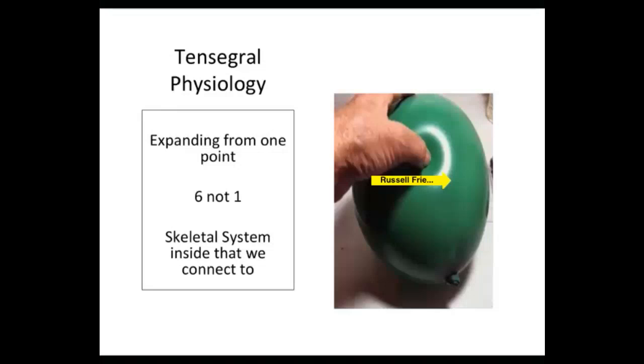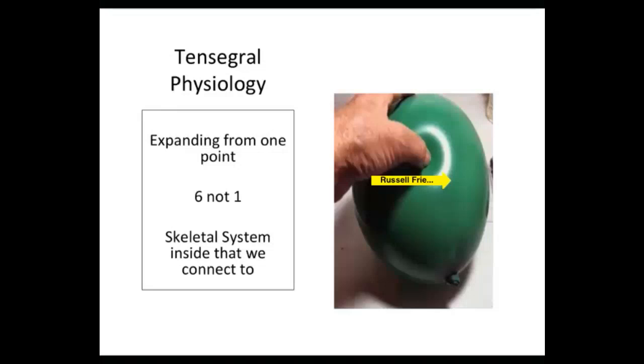It's 6 balloons. It's sitting on top of itself, okay? So those balloons get to interact in between each other so that energy is not going into them the same way as one balloon, okay? And then we have a skeletal system that's inside as well. All right, so we're not just a balloon system, okay?